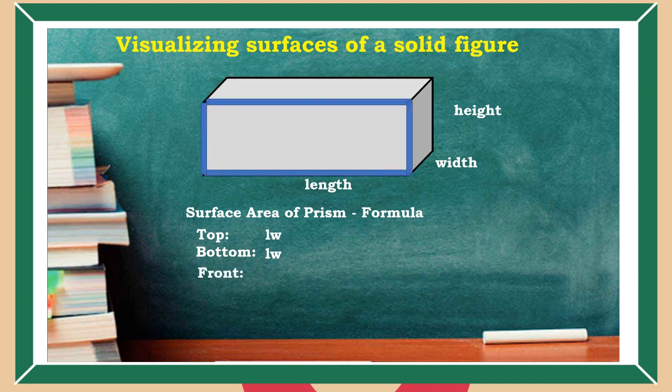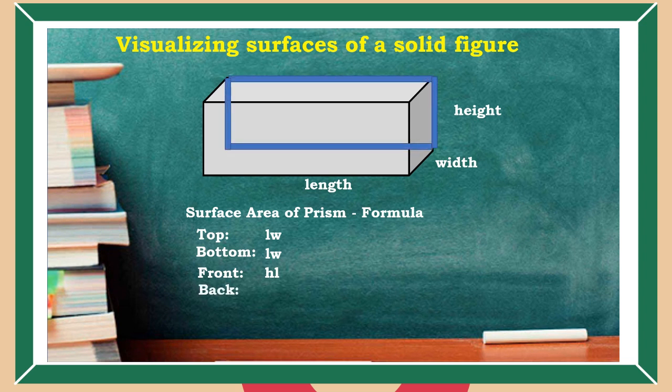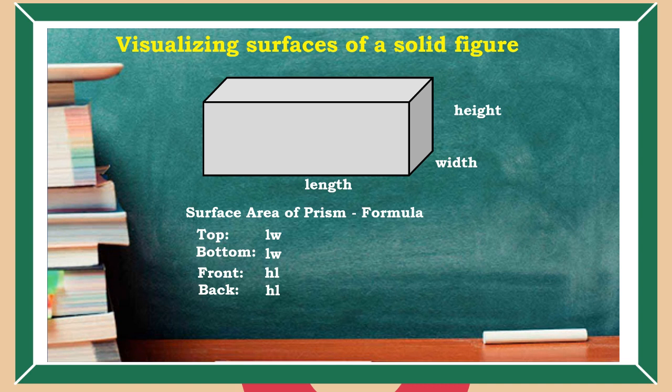Another face of rectangular prism is the front. To get the surface area of this, we need to multiply height times length. Another face is the back face. Just like the front face, the formula is height times length.